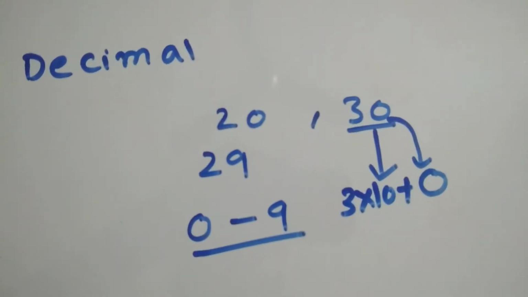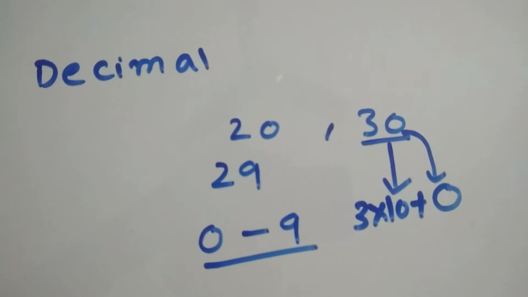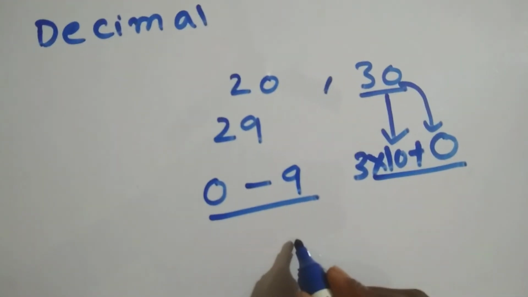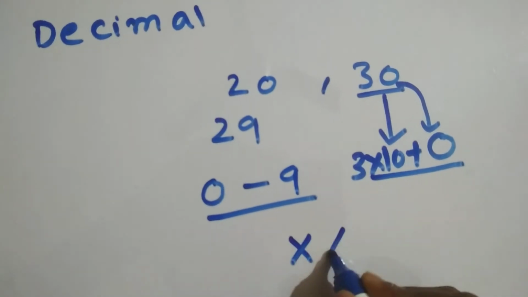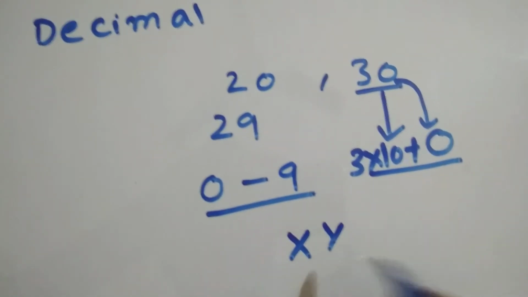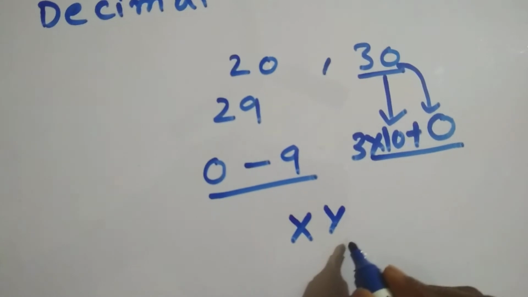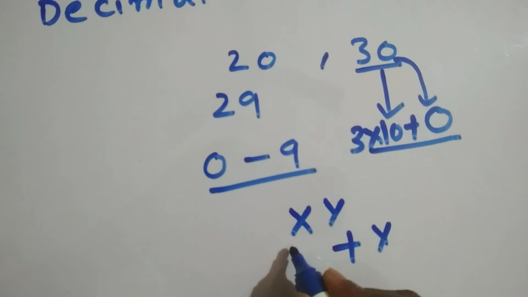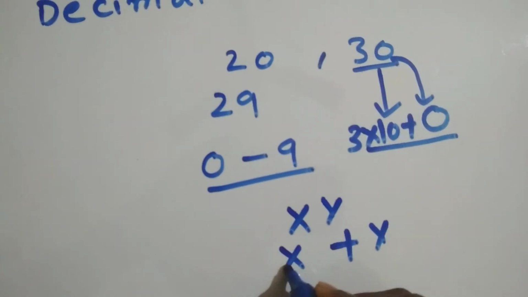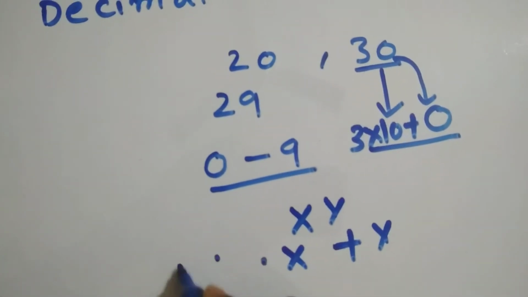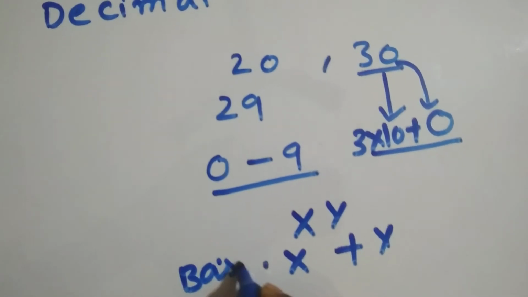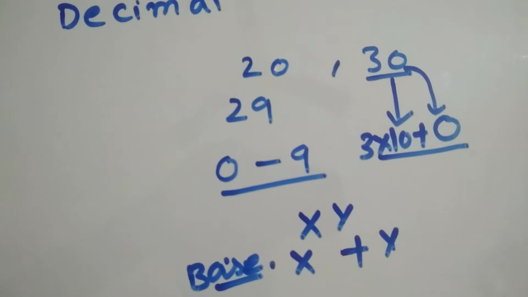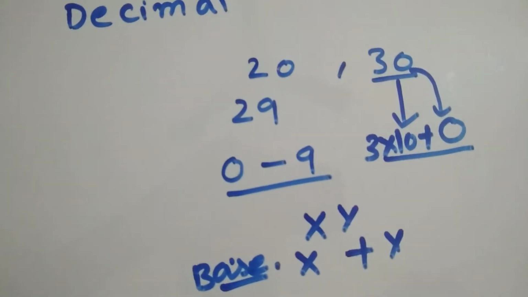Can I represent a decimal number in this form? Yes, you can. Let us consider a number with digits x and y. This number can be represented as x times the base plus y. What is meant by base? Base is the number of distinct digits in a number system.